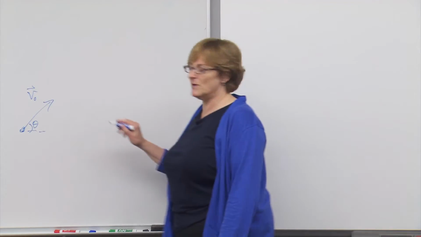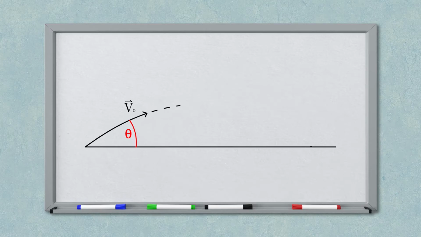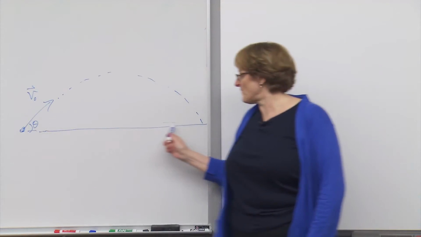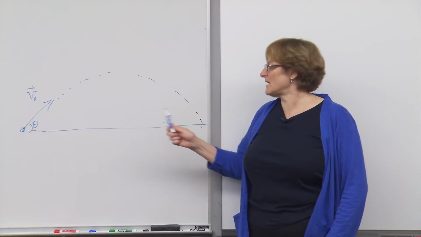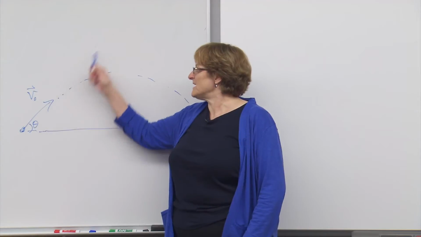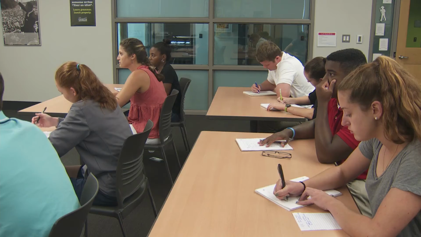And I could ask you any number of questions, like how long does it take to land over here? And we'll have the ground be horizontal, because if the ground has hills, it's messy. I could ask you, at what angle would it reach the farthest away? I could ask you, if I tell you the time it takes to drop, tell me what the angle is.